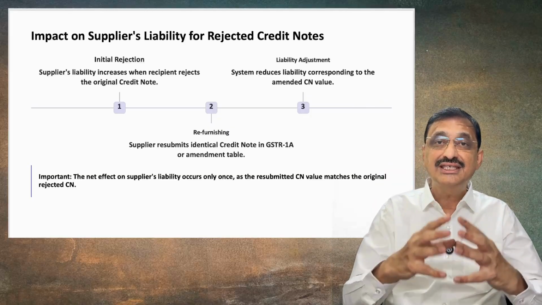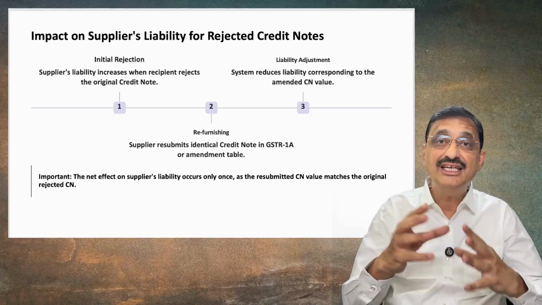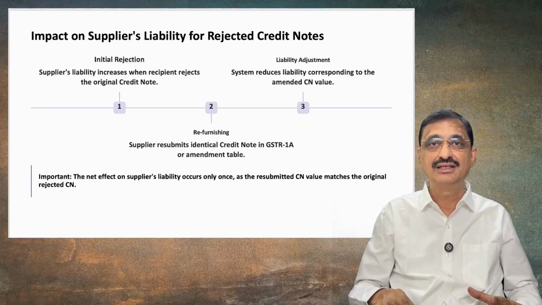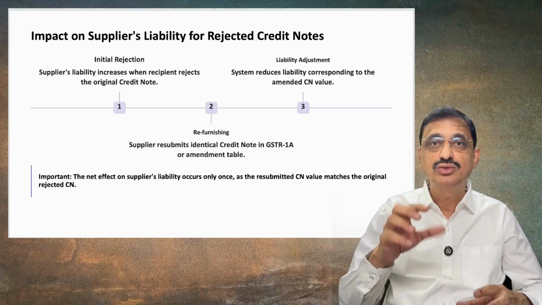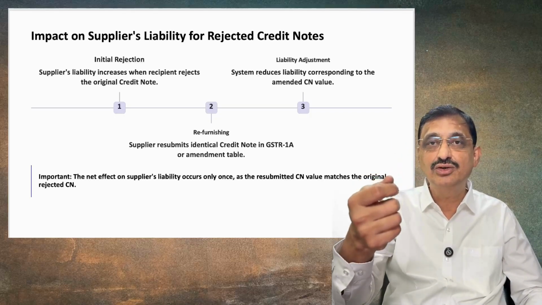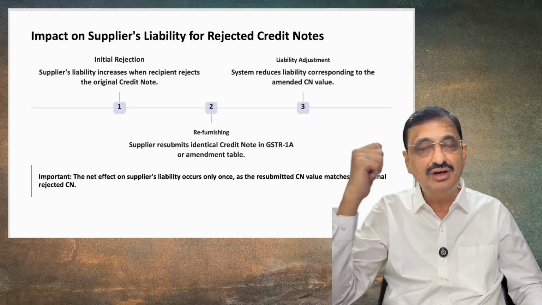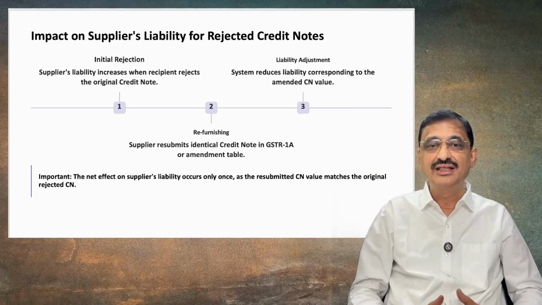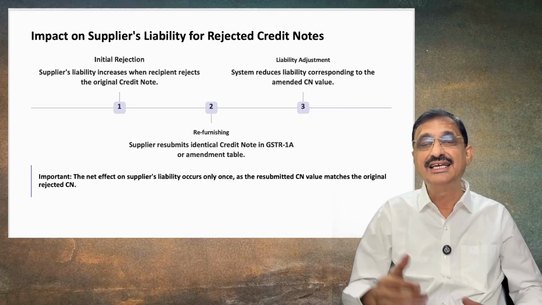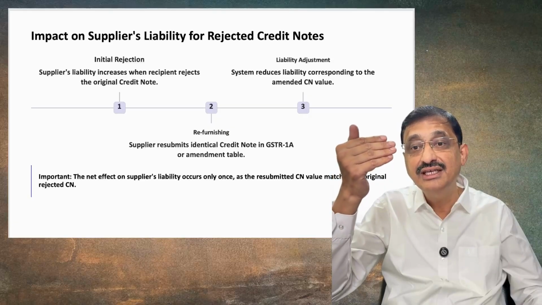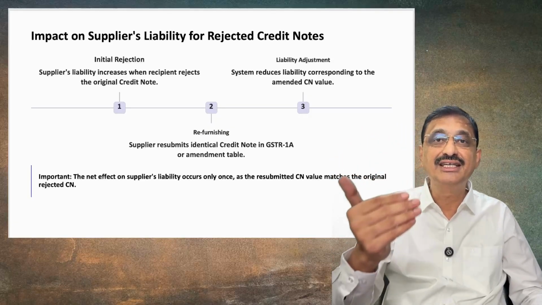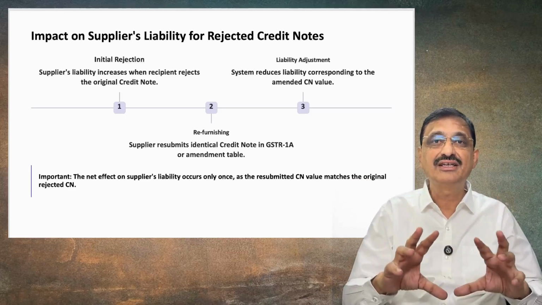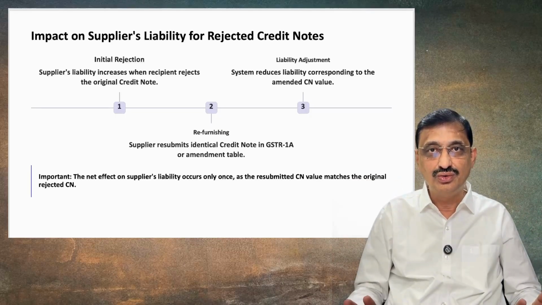Now, when the supplier has been informed by the recipient about this wrong rejection, the supplier has to again furnish that credit note in 1A or the amendment table of the next month. Then, again, the liability of the supplier gets reduced when the amendment is made. So the net effect will be zero, right?